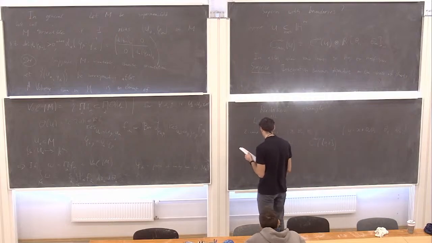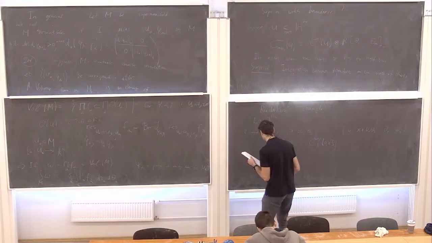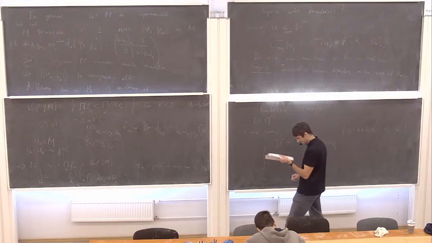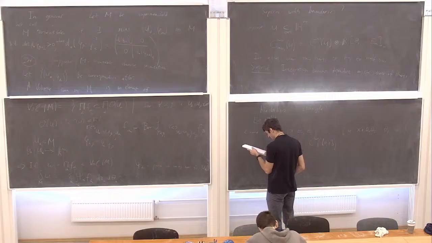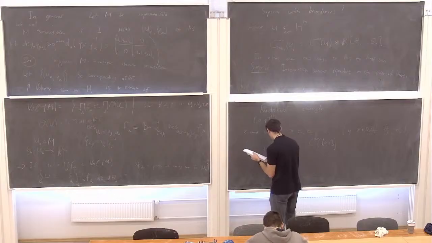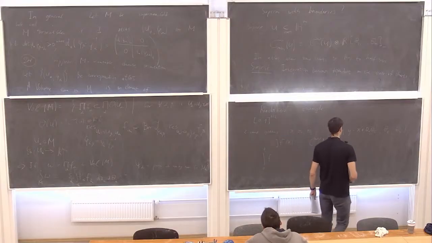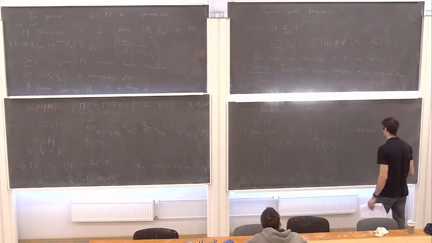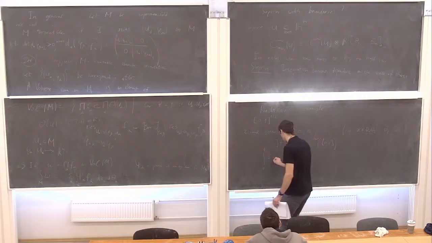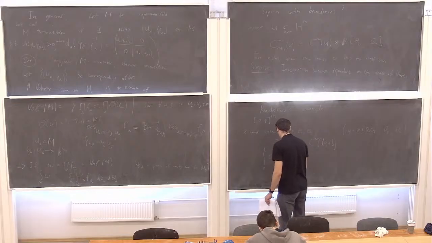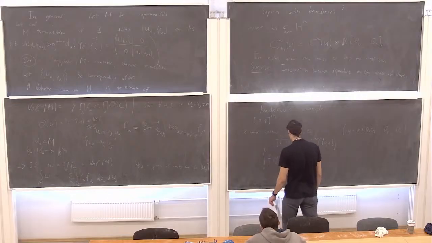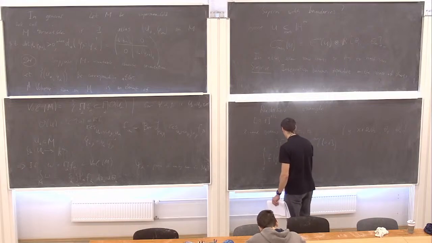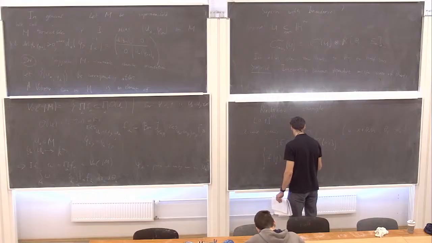So I can now write the integral from 0 to 1, if I integrate in coordinates y and thetas: f of y, dy, d theta 1, d theta 2.